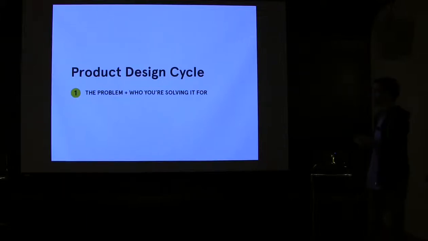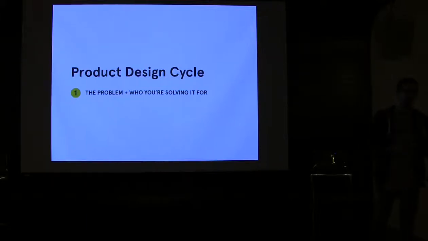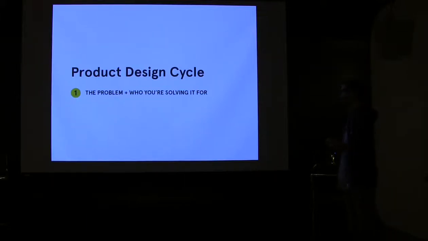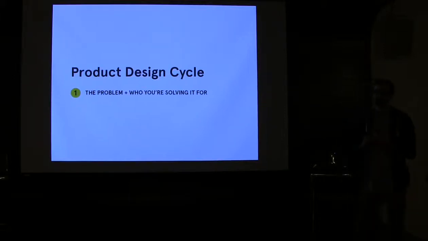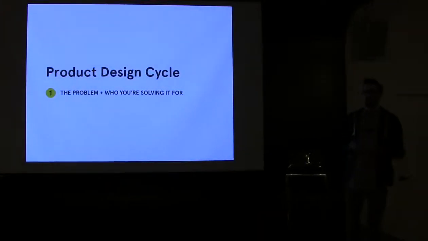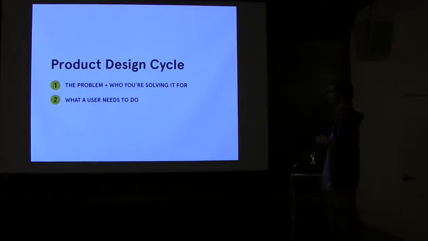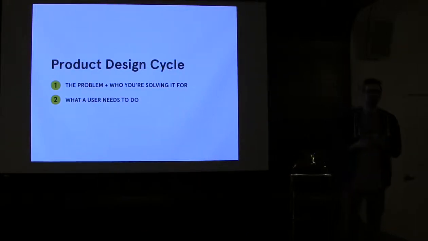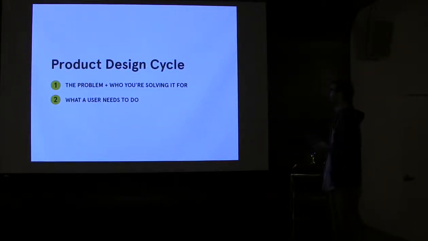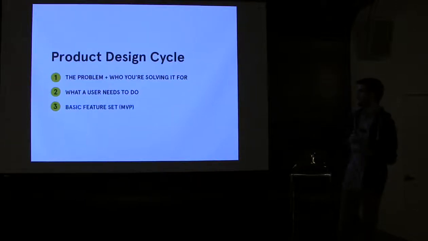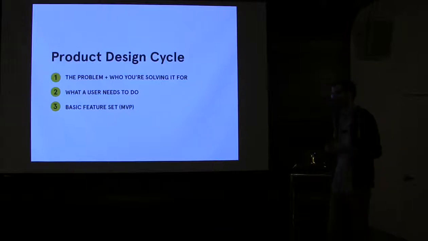Usually you start off by identifying the problem and who you're solving it for, and you want to understand the needs of this person that you're going after and their behaviors, so that you can start to understand what a user needs to do in the product that you're building. And then once you understand that, you can develop a basic feature set or an MVP that you want to build.